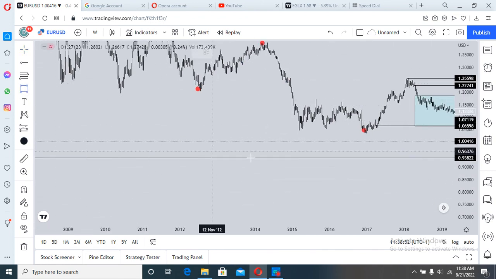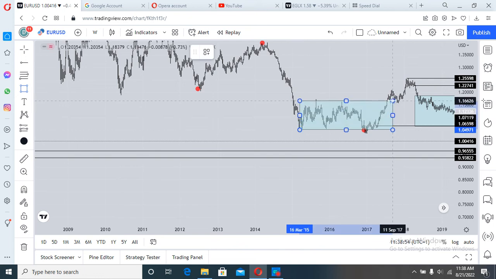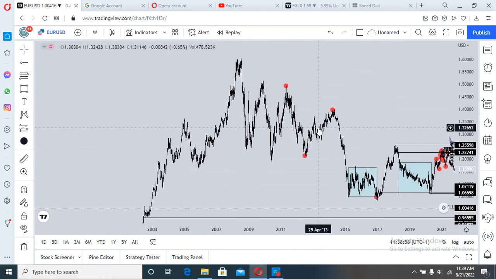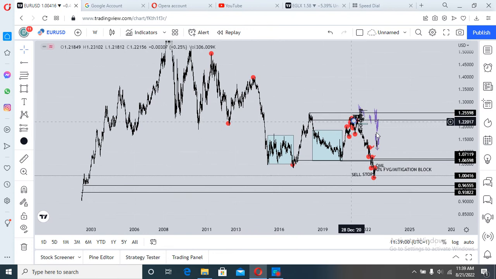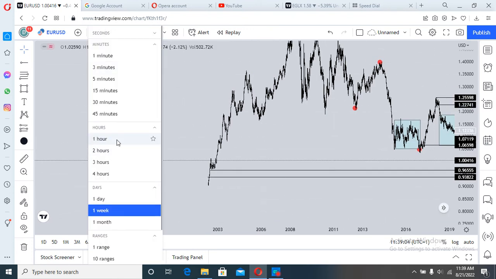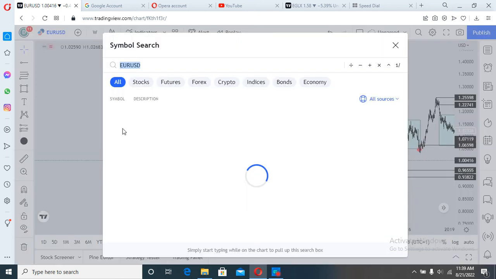Also here you can see there's a consolidating market. So it needs to form liquidity. Without liquidity, the market is nothing. So it applies everywhere, both on synthetic indices and currency pairs.